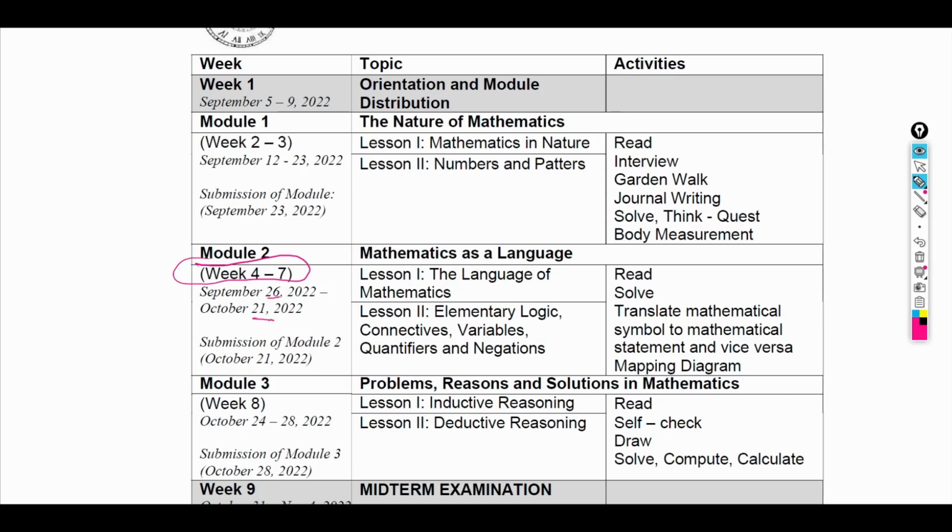We will tackle lesson 1 and 2, whose topics will be the language of mathematics, and lesson 2, elementary logic, connectives, variables, quantifiers and negations. You are expected here to read, solve, translate mathematical symbol to mathematical statement and vice versa, and do mapping diagrams.